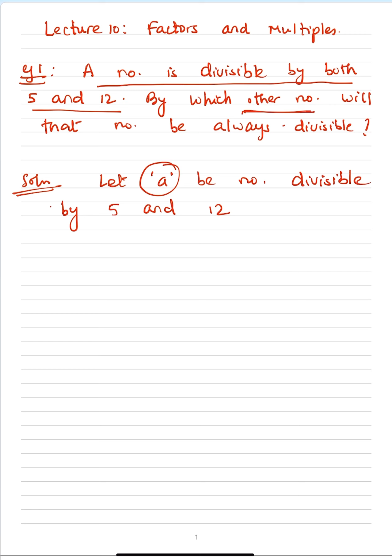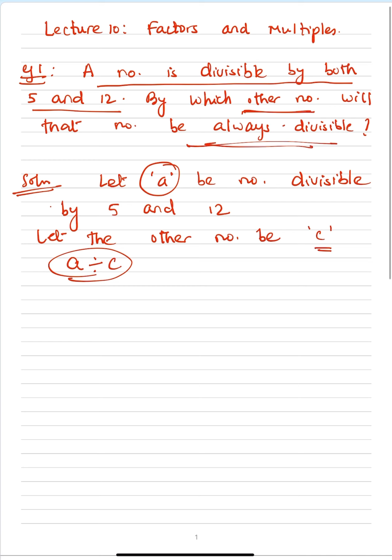So let the other number be C. That means we have to find this number so that A should be divisible by C. See, this is just an explanation, not the method. So please don't write all these things when the sum is asked to you.